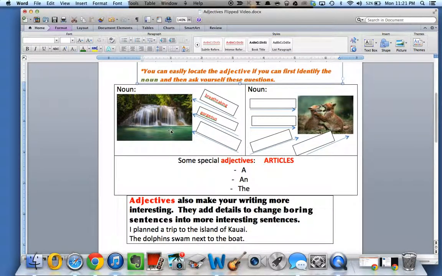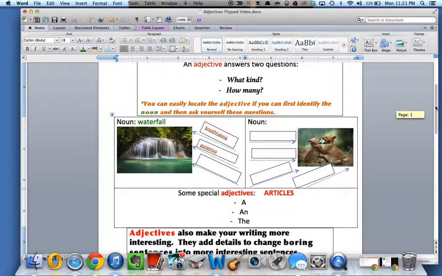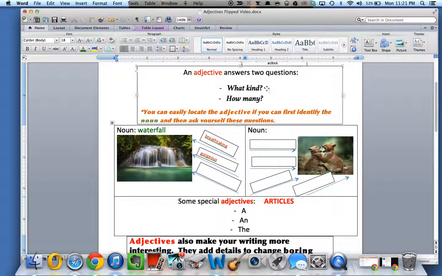Down here I have some pictures for you, and let's take a look at this one first. So first thing I want you to tell me is, what is the noun? What is the main focus of this picture? And hopefully you would tell me that the main focus here is a waterfall. A waterfall. And now let's ask ourselves those questions that we said earlier were important, such as what kind.